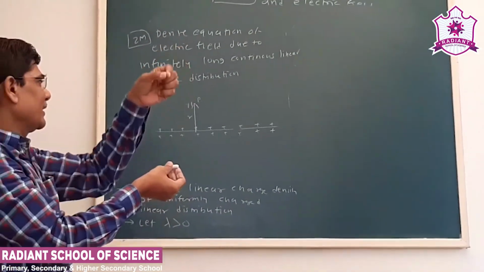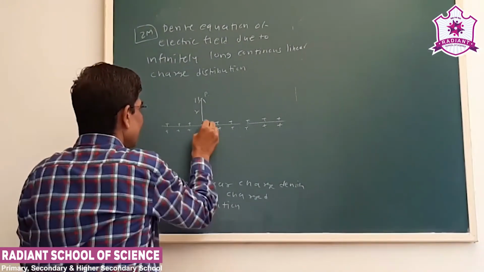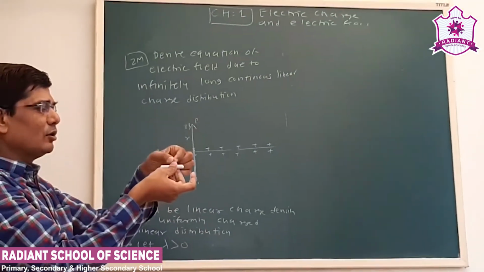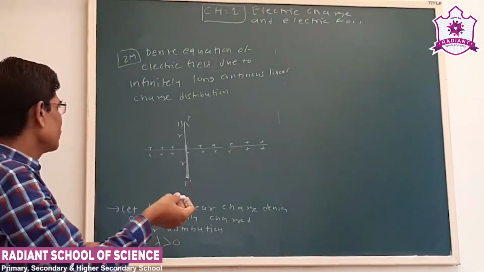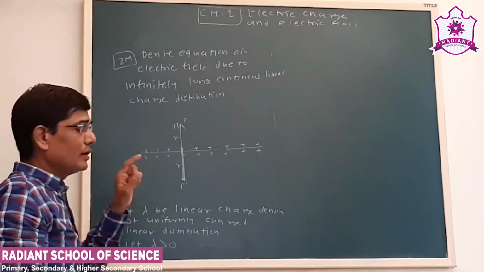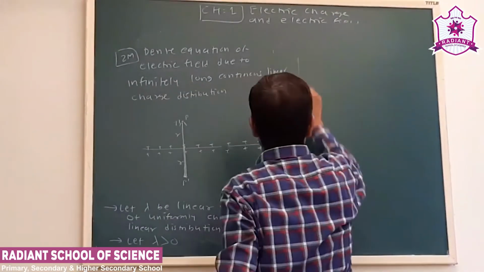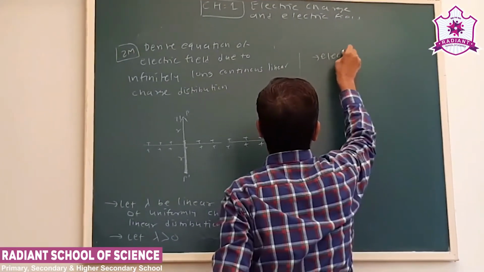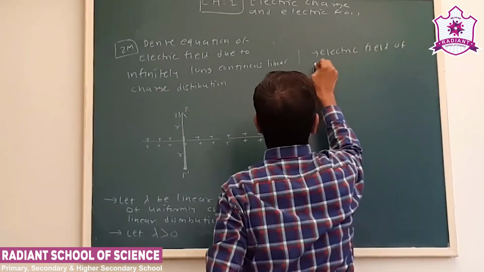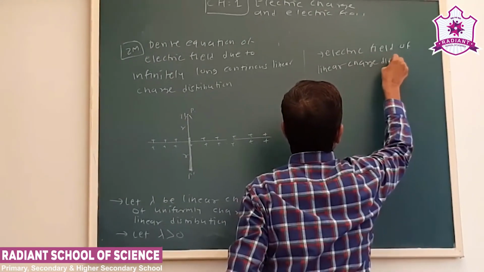So the same distance we can consider here also, point P dash at the same distance, then also it will be like this. Now this distance R can be somewhere here or here or here. So what we infer from this, the electric field will be radial.